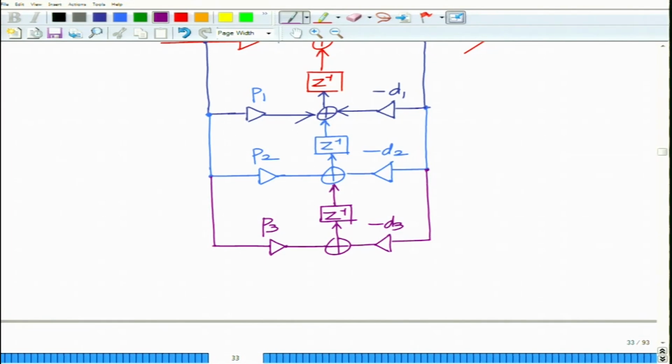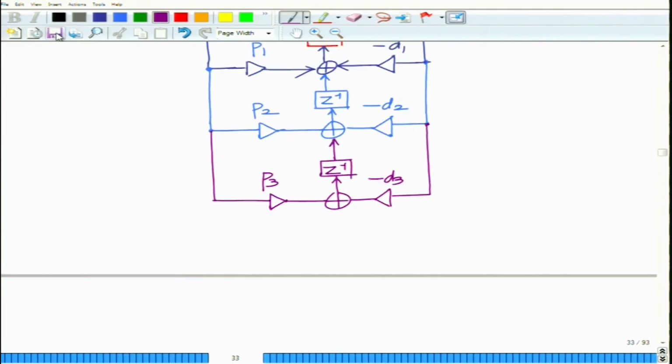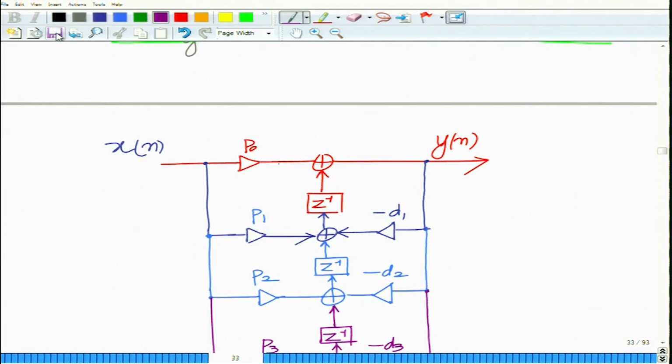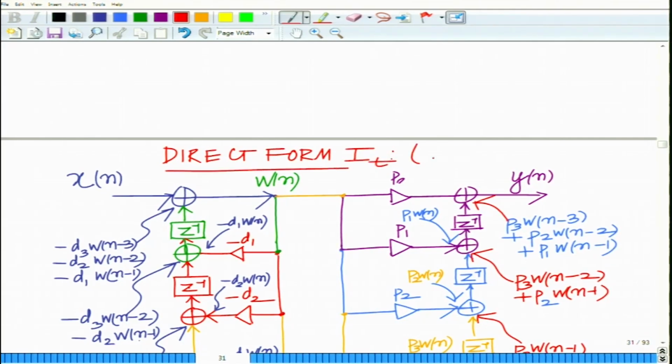and what you have over here is basically the alternative representation, this is termed as the direct form 2 transpose. The previous one is termed as direct form 1 transpose. We have seen previously direct form 1 and direct form 2. So, this is the direct form transpose. Okay.